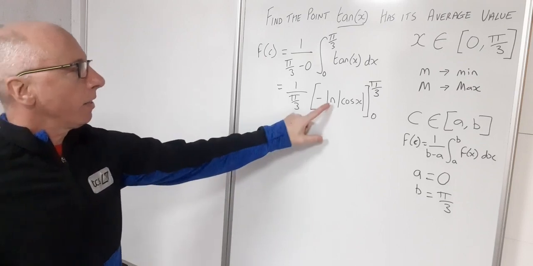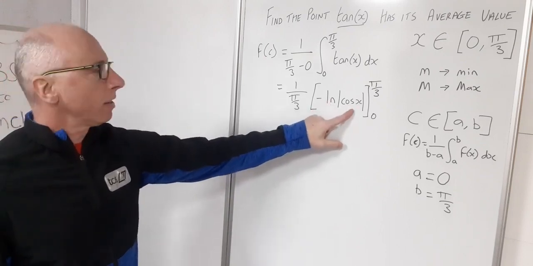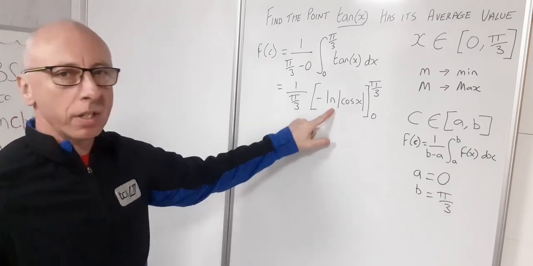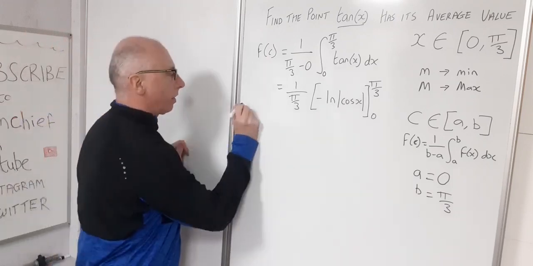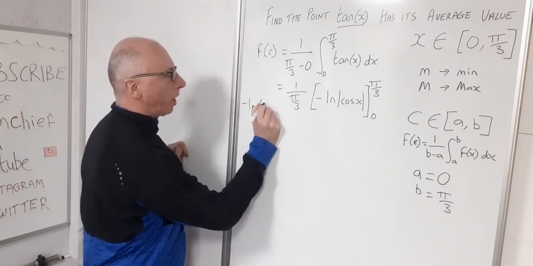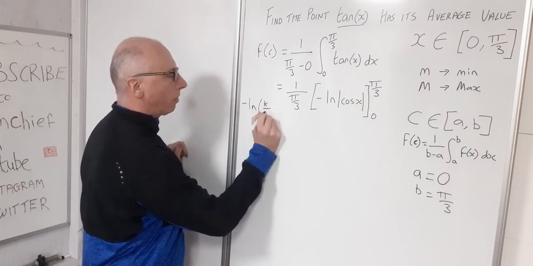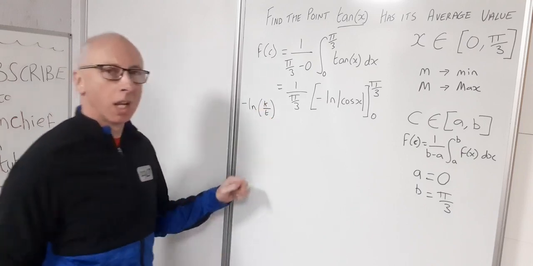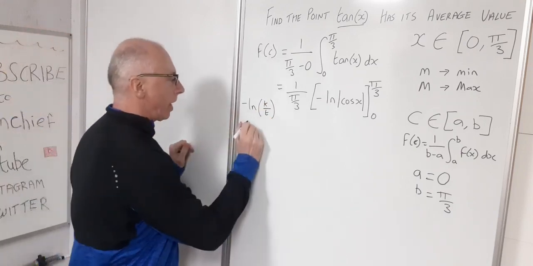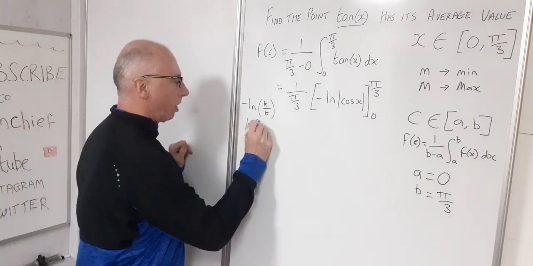Now, negative log of cosine of x, I prefer to write that a little bit differently. Using the logarithm rules, if I've got negative natural log of, let's say for example, k over t, I can rewrite this with this minus sign as the natural log of t over k.